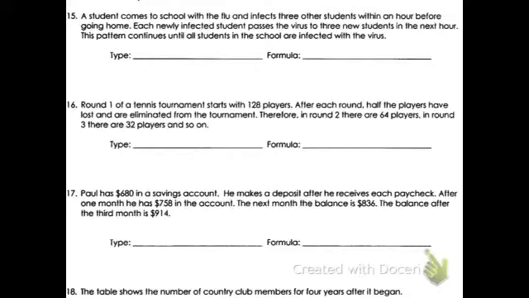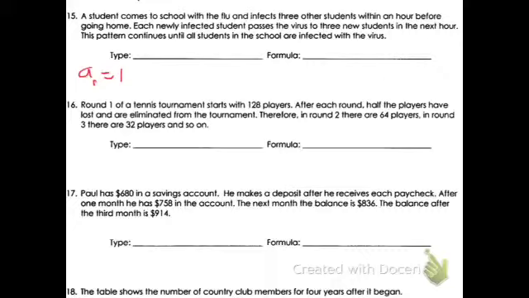On these last ones, there's story problems. You basically get the sequence from the story, identify its type, and write the formula that goes with it, right? So a student comes to school with the flu, so our initial value, this one's looking like 1, infects 3 other students within an hour before going home. Each newly infected passes the virus to 3 new students in the next hour.